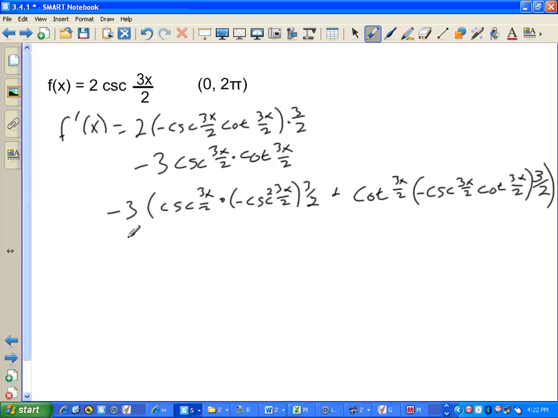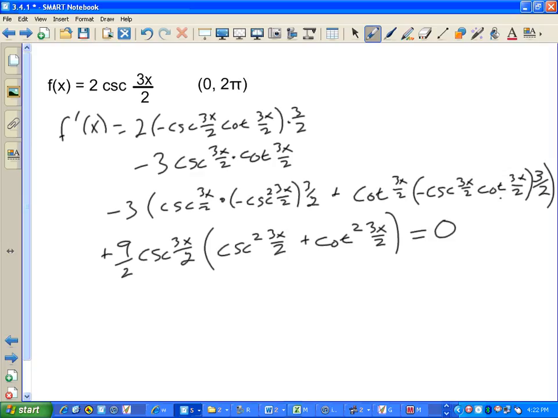So when I take the 3/2 out, that turns this into a negative 9/2. When I take out a cosecant, and I'm going to take a negative out because I've got negative here, so that makes this positive. That leaves me here with just the cosecant squared of 3x over 2 plus cotangent squared of 3x over 2.